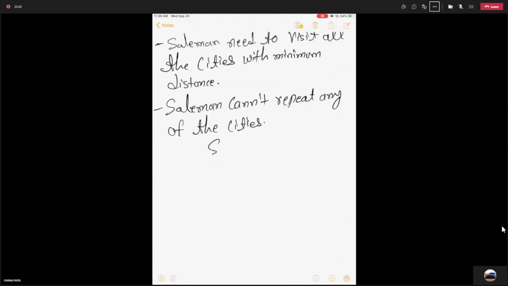Subtours: a tour is your complete path from city 1 to city n, right? A subtour means if you start from city 1, visit city 2, and again come back to city 1, you cannot do this. If you go from 1 to 2, 2 to 3, and then 3 to 1, coming back again, this is your subtour. You cannot create subtours over here. That's why I'm writing down the exact objective of the traveling salesman problem. Right?